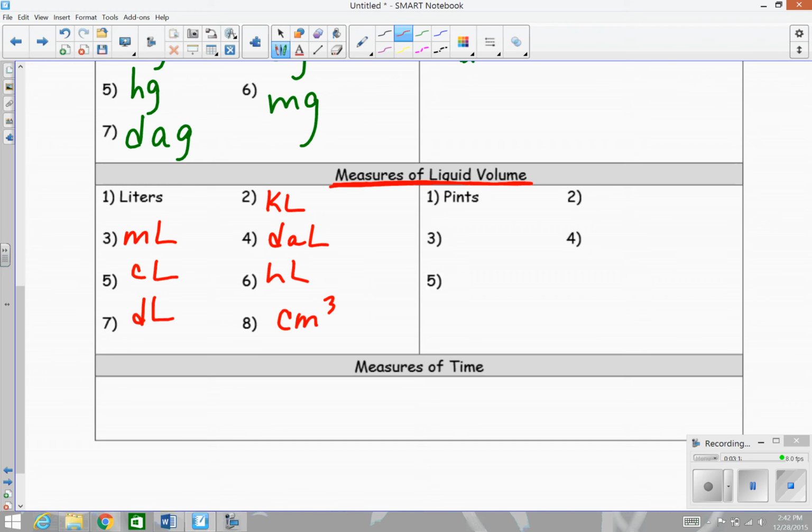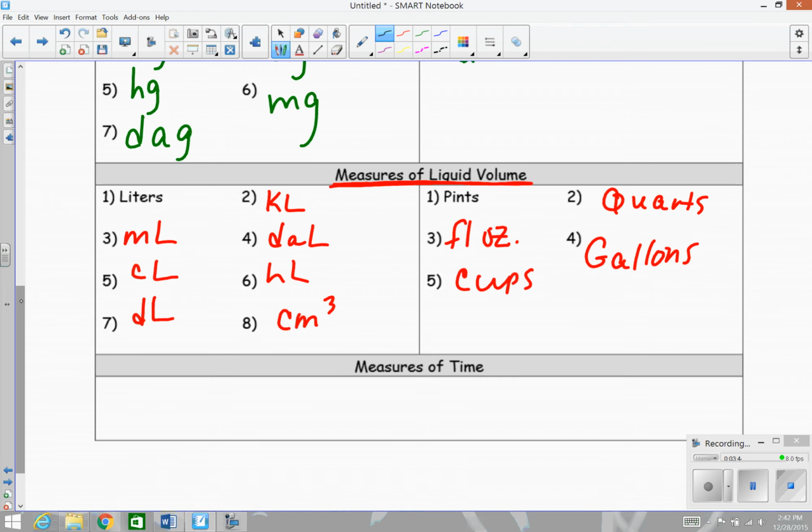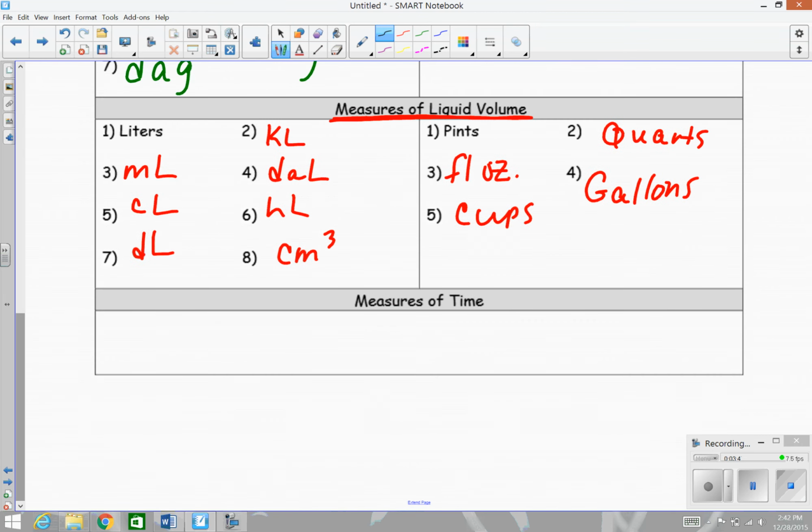Pints is one of our ways of measuring liquid for customary units. We also have what's called fluid ounces, fluid because we're talking liquids. We could measure liquids in cups, quarts, and gallons. Those ones you should be fairly familiar with. Go buy a gallon of milk, get a quart of soup, things like that.